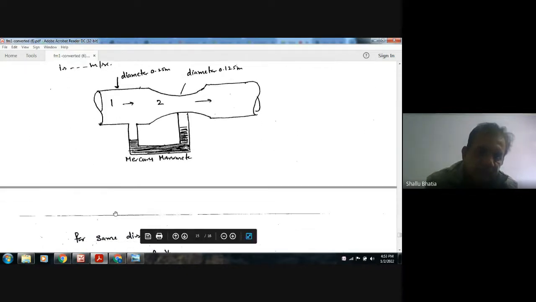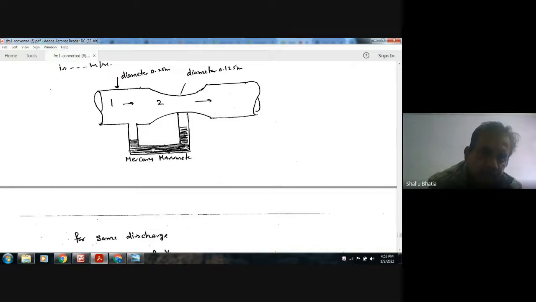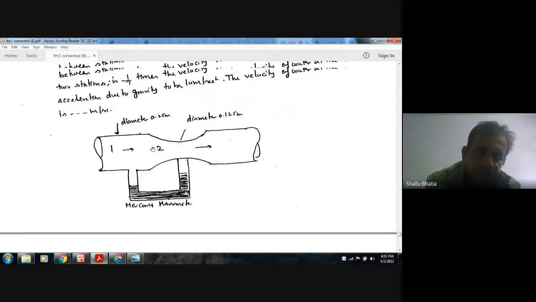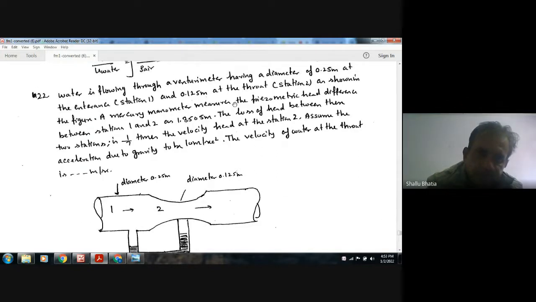So this is your venturimeter, here the diameter is 0.25, and here the diameter is 0.125. The mercury manometer measures the piezometric head difference as 1.3505.